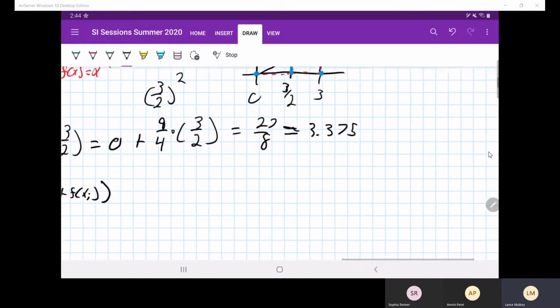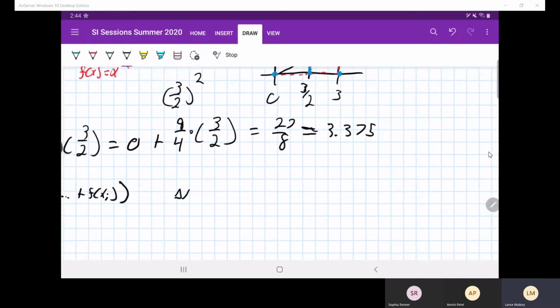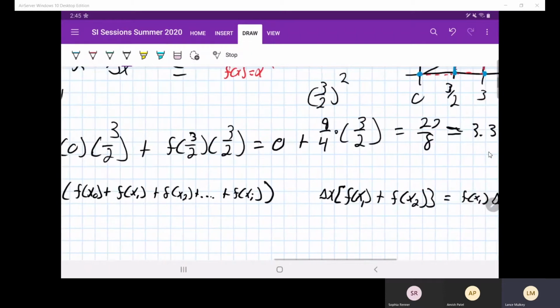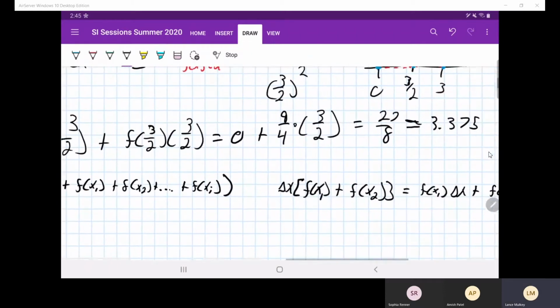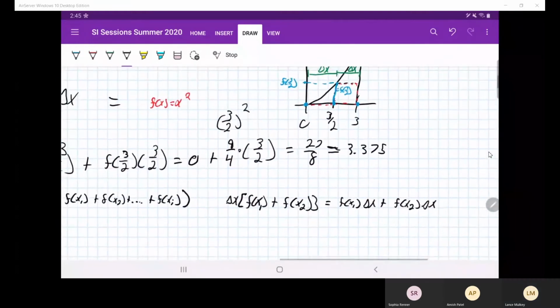This problem, we only have 2 rectangles, so it's delta x times f of x1 plus f of x2, which equals f of x1 delta x plus f of x2 delta x. And f of x1 is our first endpoint, which is 0, and delta x is 3/2. Did that make things worse or better?